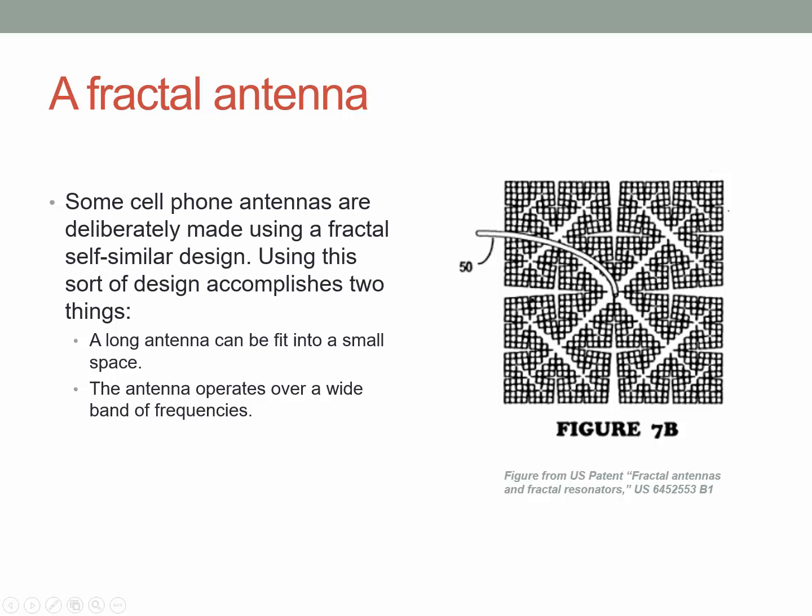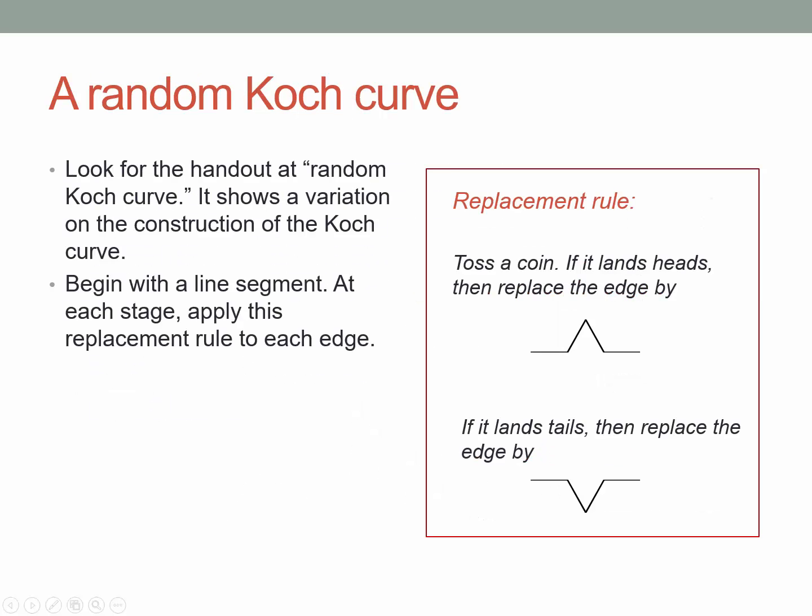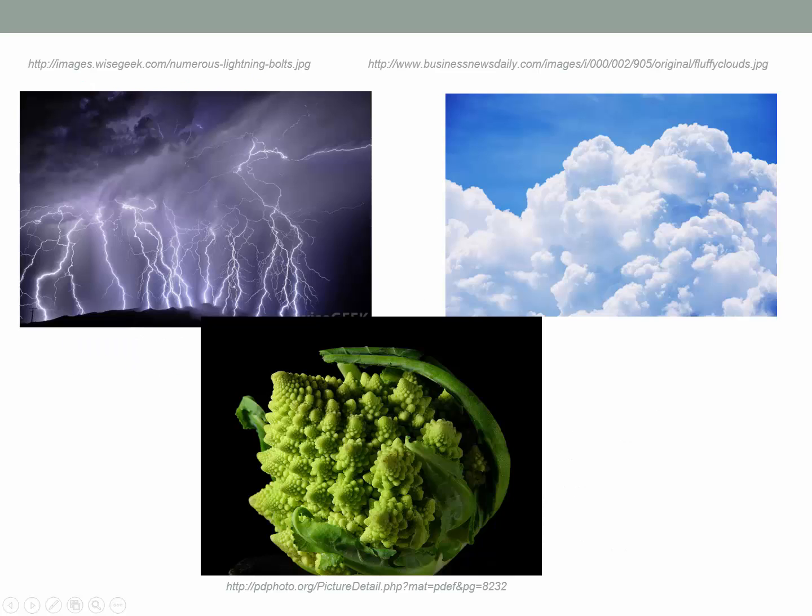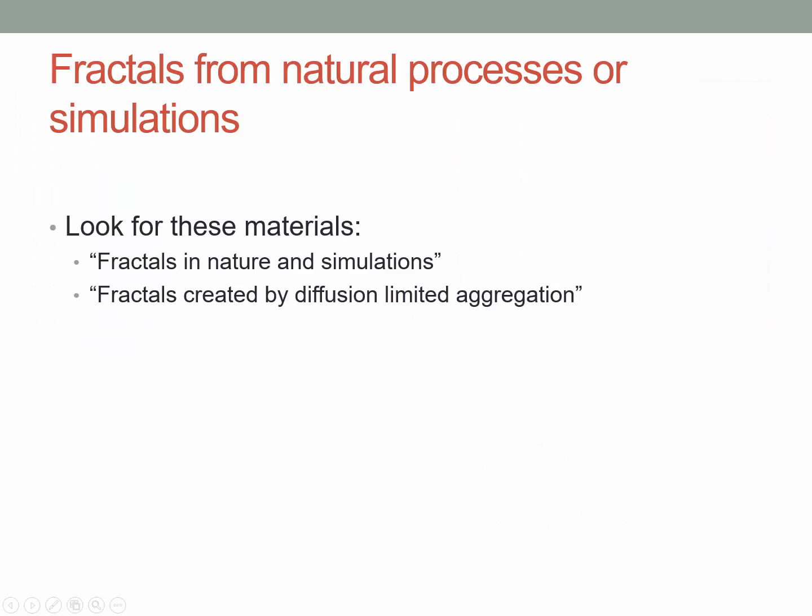Finally, I want to talk about simulations. One kind of simulation that I don't have a slide here to show you is in that handout referred to earlier. Let me go way back. Remind you, there was a handout called Fractals Created by Diffusion Limited Aggregation.